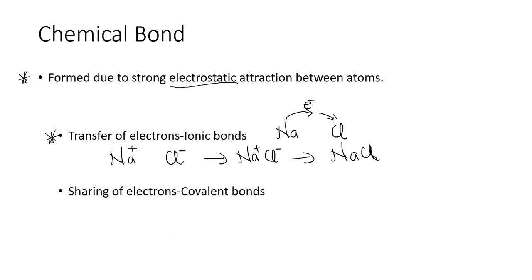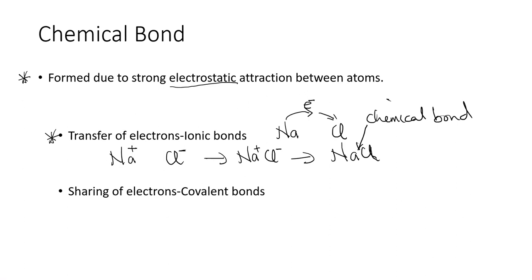So that chemical bond between the sodium and chlorine is formed because there was a transfer of an electron from sodium to chlorine. So that is one way that a chemical bond is formed.